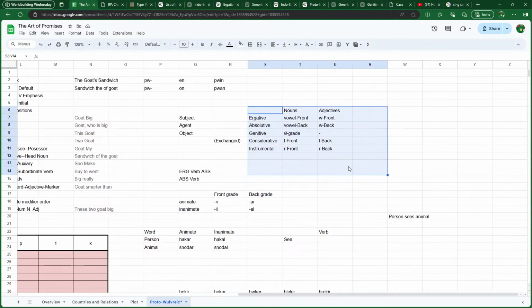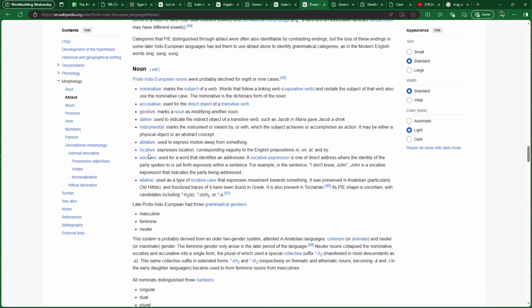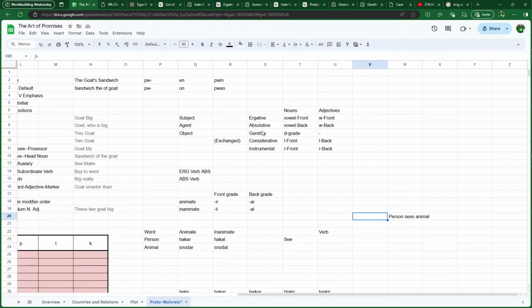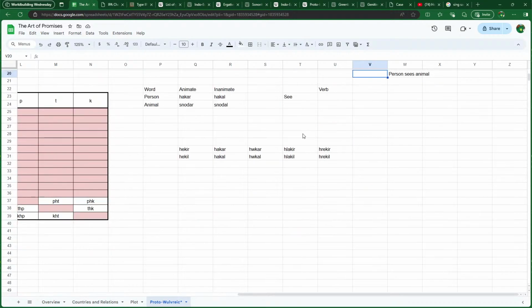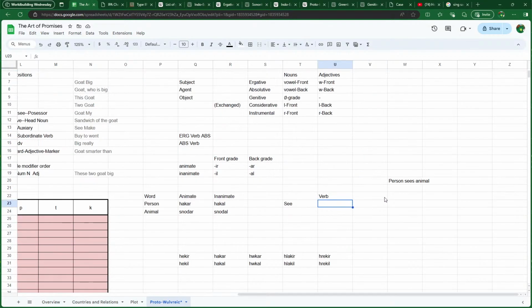But these cases are going to get all shuffled around. Like Proto-Indo-European had ablative, locative, vocative, allative cases. We don't have that in English, so obviously these are subject to change throughout the language itself as it evolves. But yeah. Now we need a word for C.